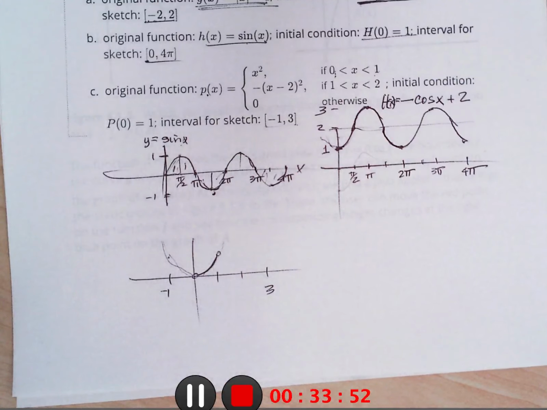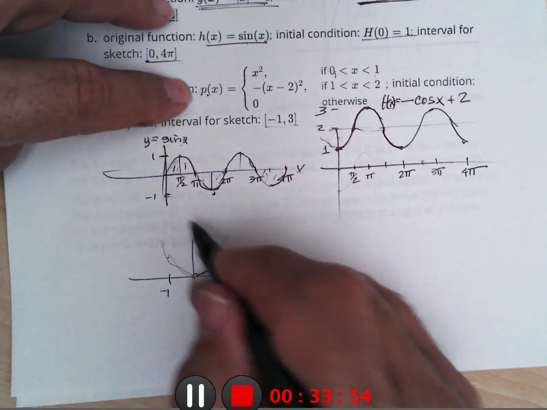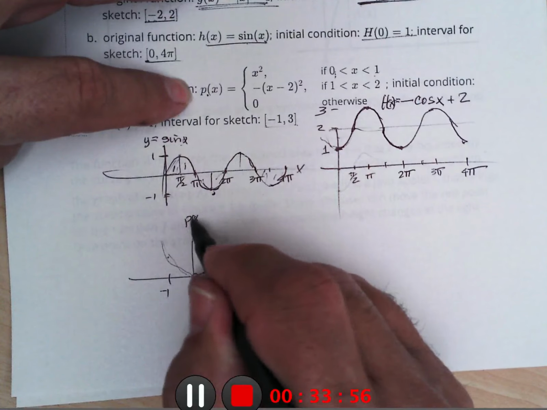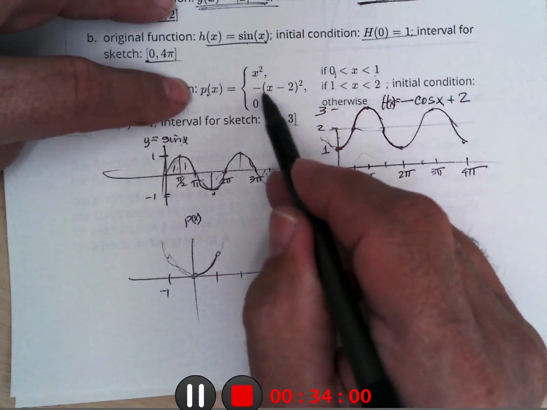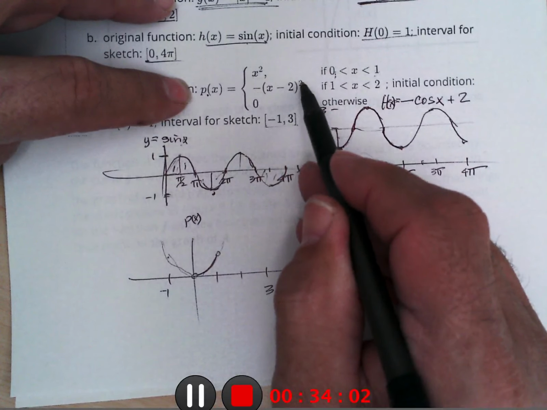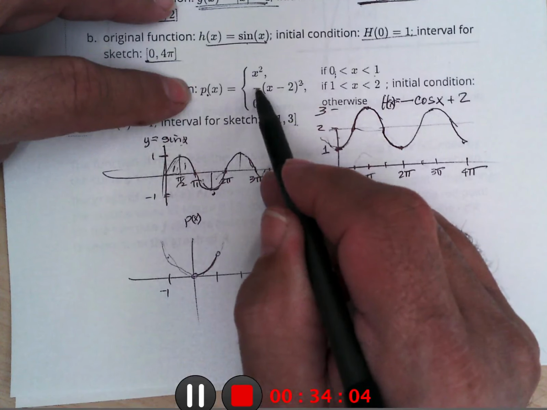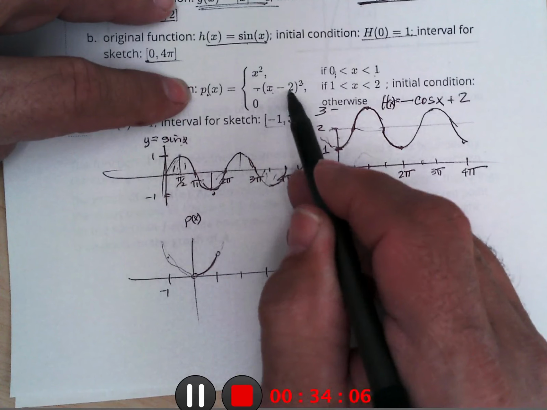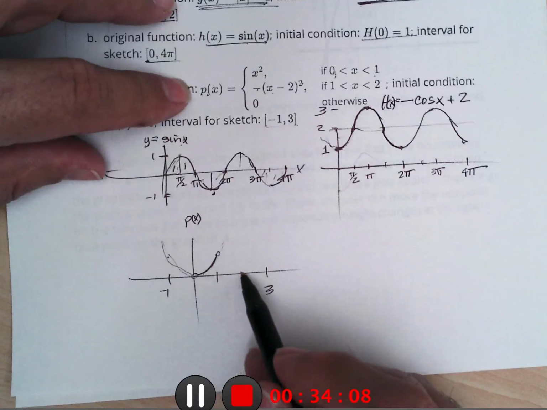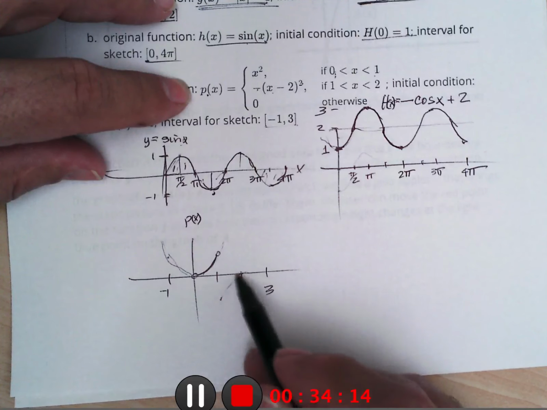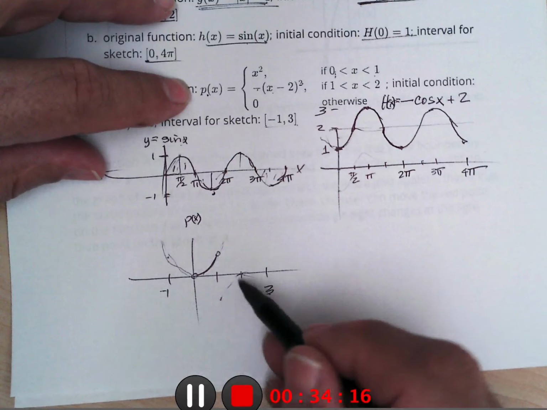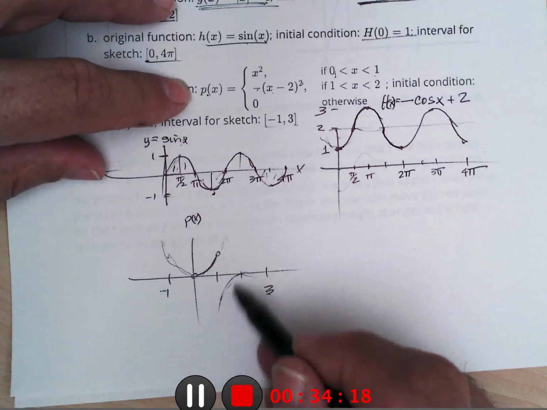This is P. We're not doing the antiderivative, we're just graphing that. This is a parabola, upside down, move 2 to the right. So that would go something like that, down by 1, so something like this and like that.